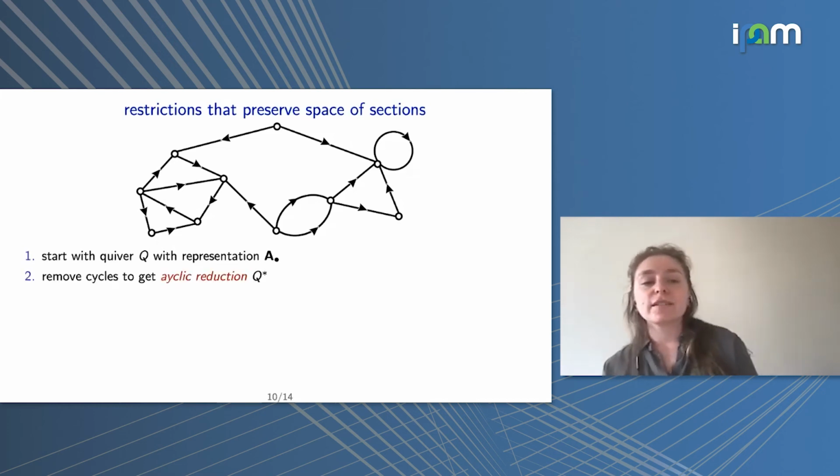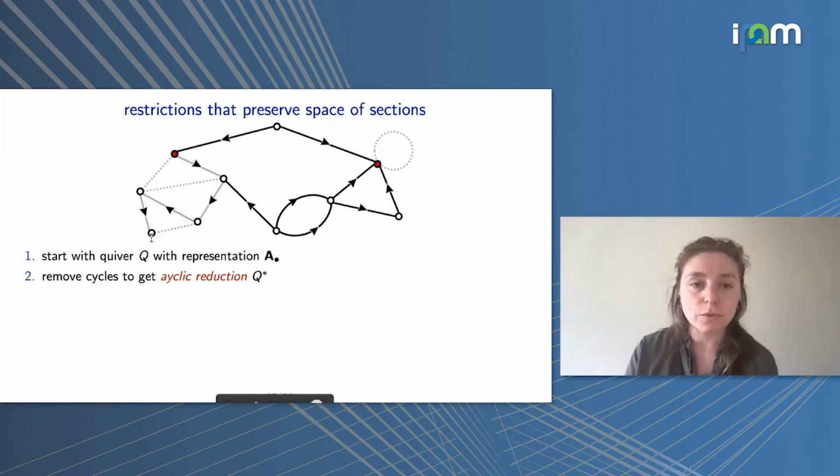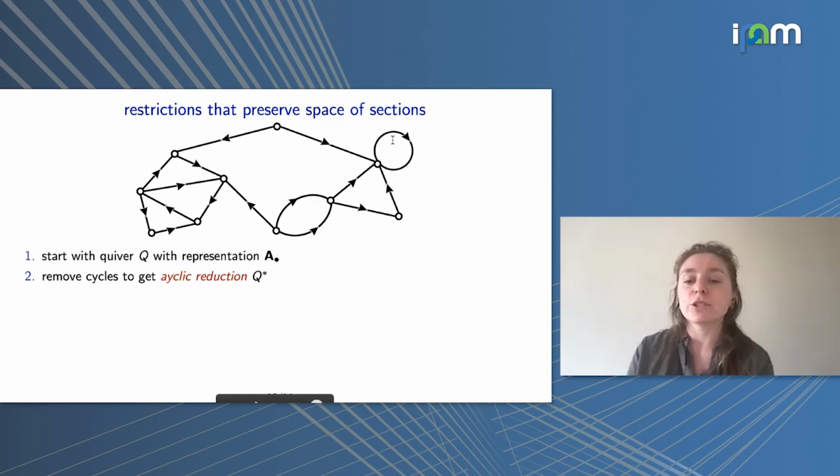Okay, so the first step is to remove the cycles in the quiver to get what we call the acyclic reduction, denoted Q star. So here's the acyclic reduction of the quiver. The cycles were all occurring over here, or this loop was also a cycle in the original quiver.